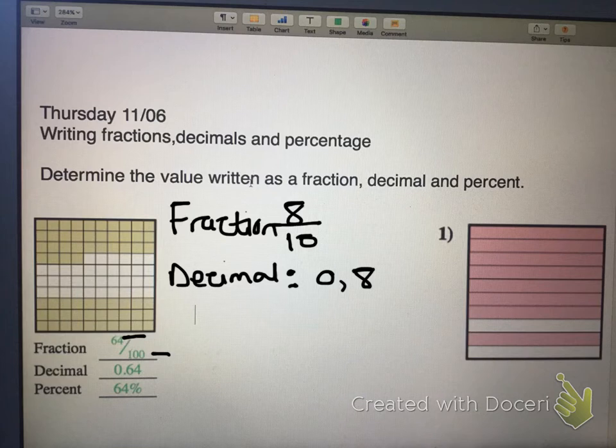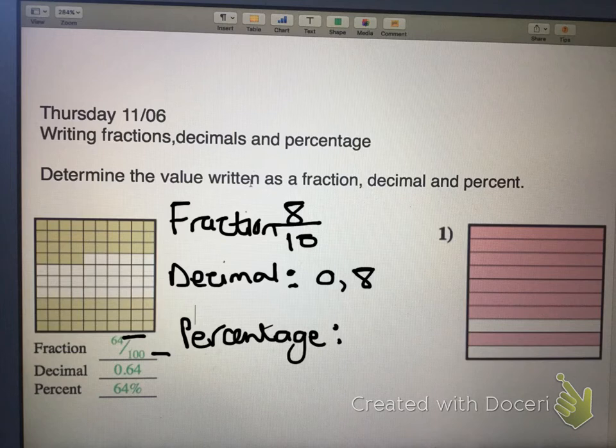That is what my decimal would look like. Now I need to complete my percentage part of the question, but in order for me to do percentage, my denominator needs to be 100. So what can I do to my fraction?